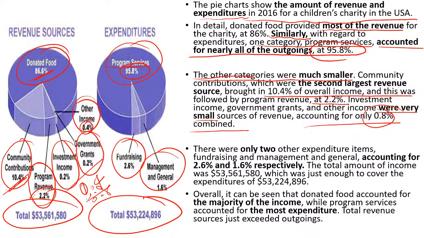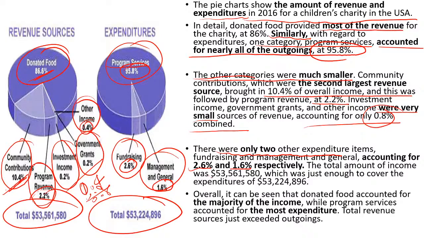Because if you write every piece of information in a separate paragraph, your word limit would be exceeded, and you would not be given good marks. So kindly avoid this sort of thing. There were only two other expenditure items, fundraising and management and general, accounting for 2.6% and 1.6% respectively.